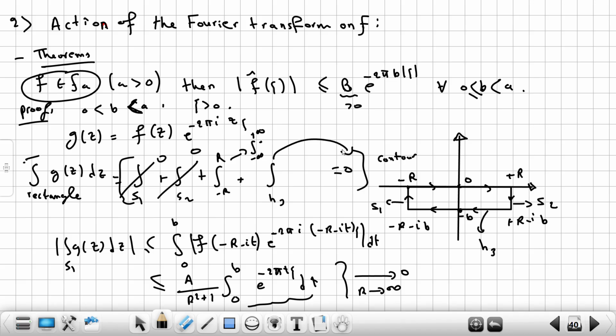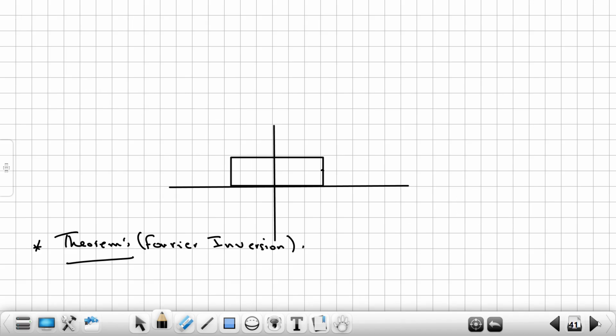Taking this integral to the right hand side, we find that f hat of psi is equal to the integral from minus infinity to plus infinity of f of x minus ib, times e to the power minus 2 pi i (x minus ib) psi dx.